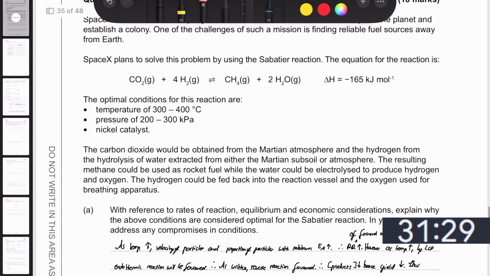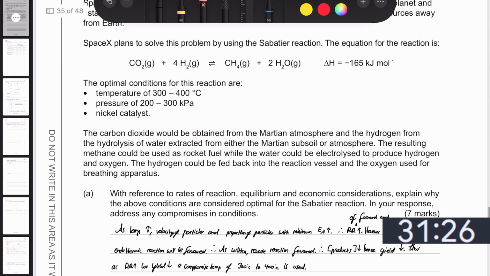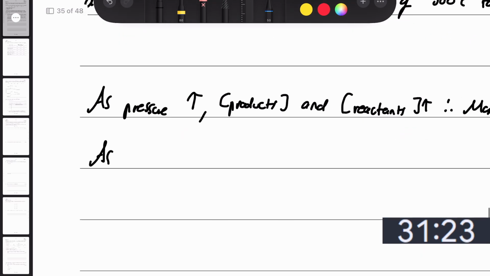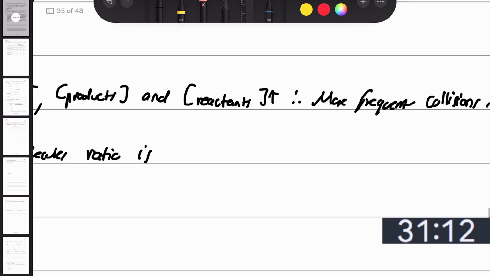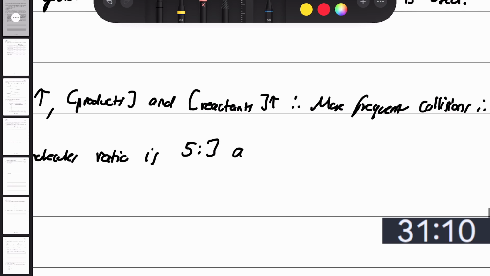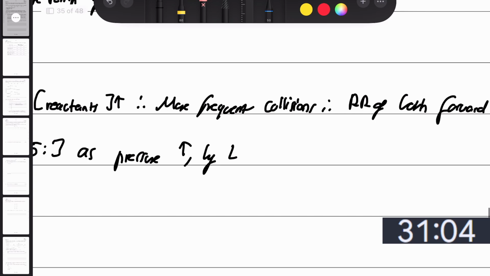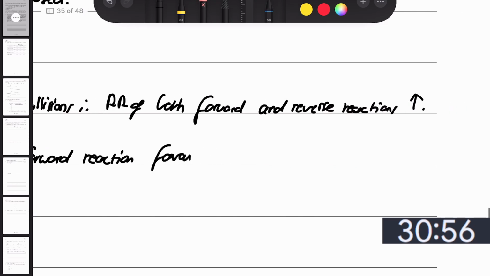However, as pressure increases, we will go to the right. So, as gaseous molecules ratio is 5 to 3, as pressure increase by LCP, forward reaction favored to partially decrease pressure.